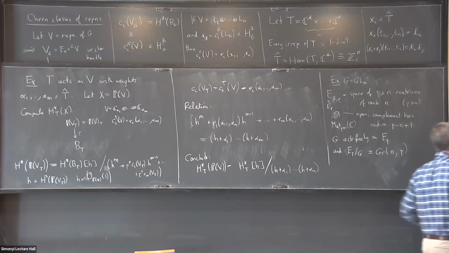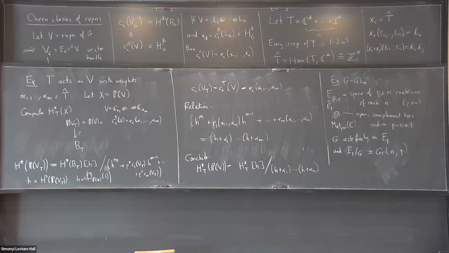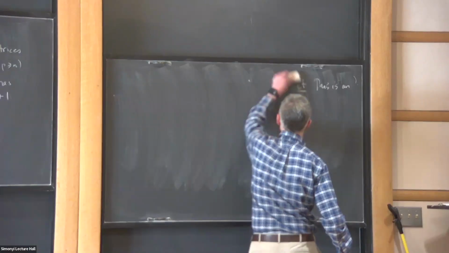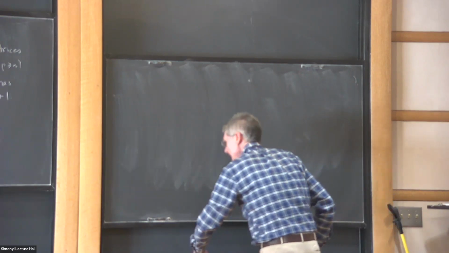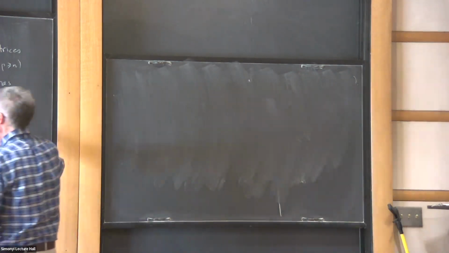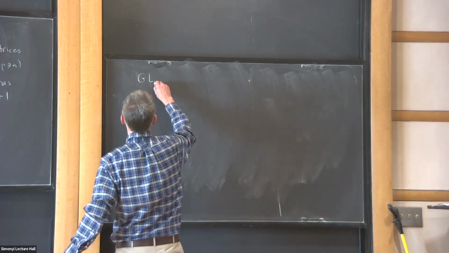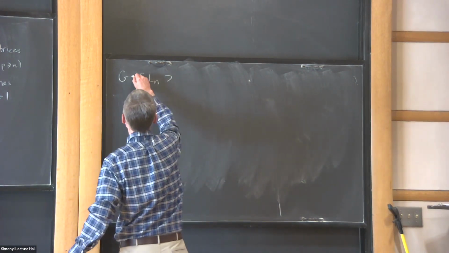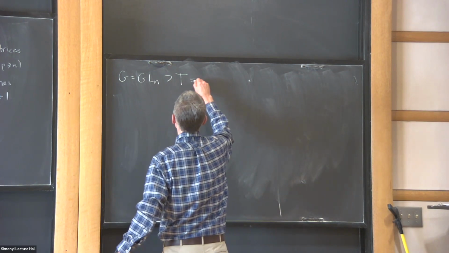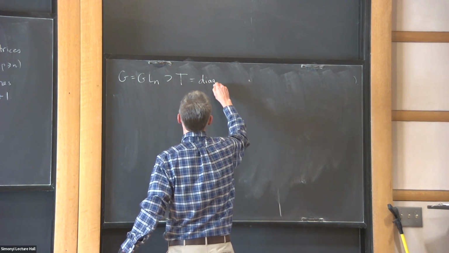Now, there's something useful to observe here. G is GLN, and this contains T, which is the diagonal matrices.